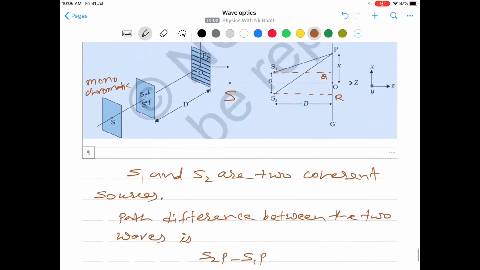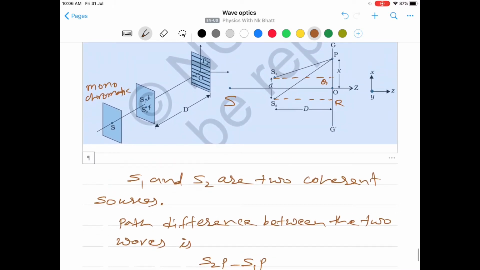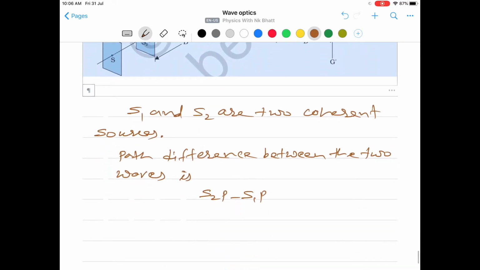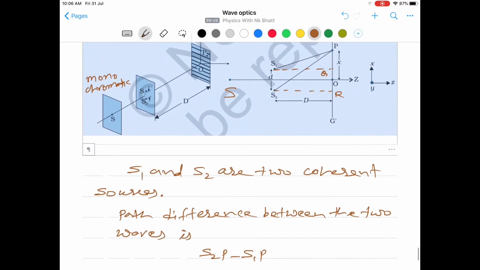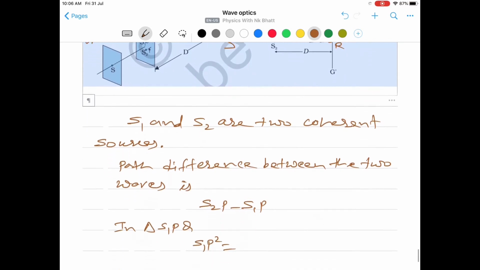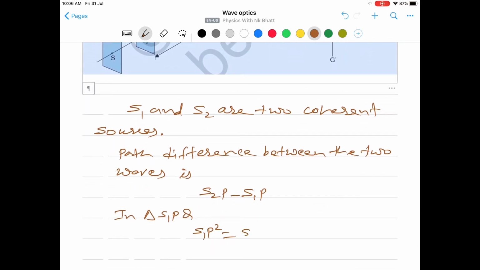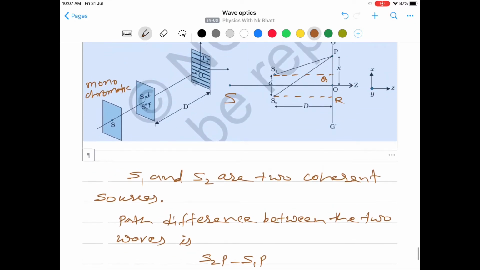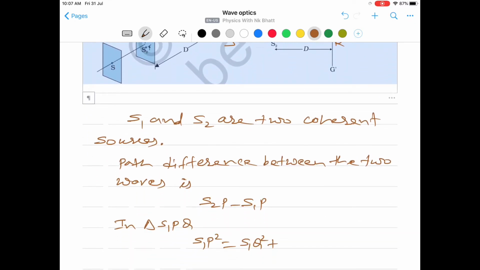So let us use the Pythagoras theorem for these two triangles. First I will consider the triangle S1PQ. In triangle S1PQ, S1P square, the hypotenuse square, is equal to S1Q square plus QP square.